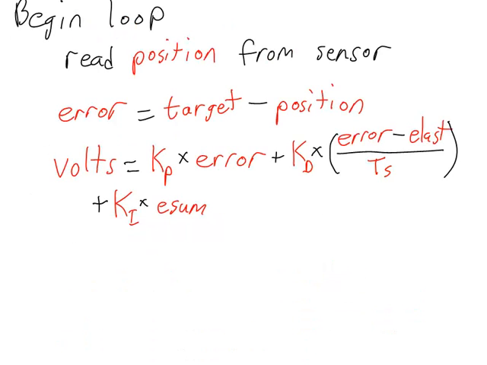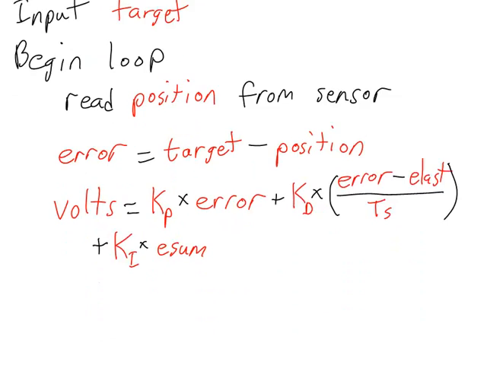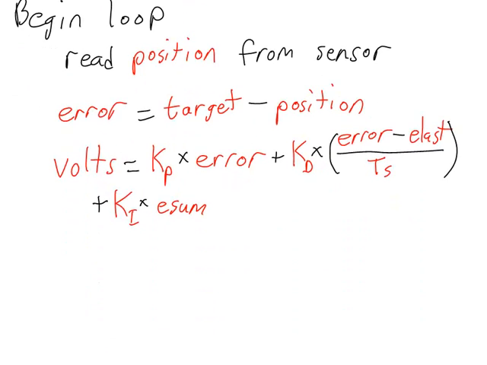Now, for this E last, the very first time we go through this loop, we have to initialize E last. But after it's initialized, we want to calculate it every time we go through the loop. And we want to always set E last to be equal to error. That way we'll keep track of what the error was the last time through this loop.